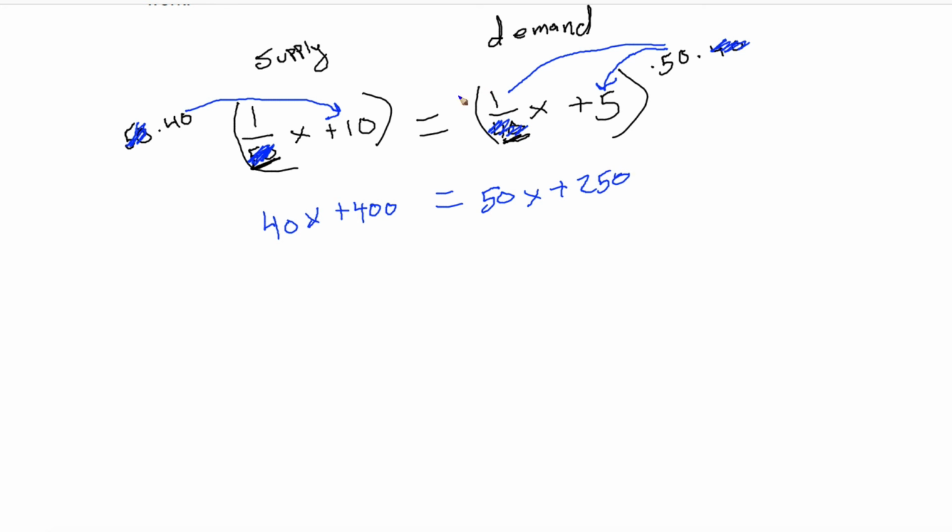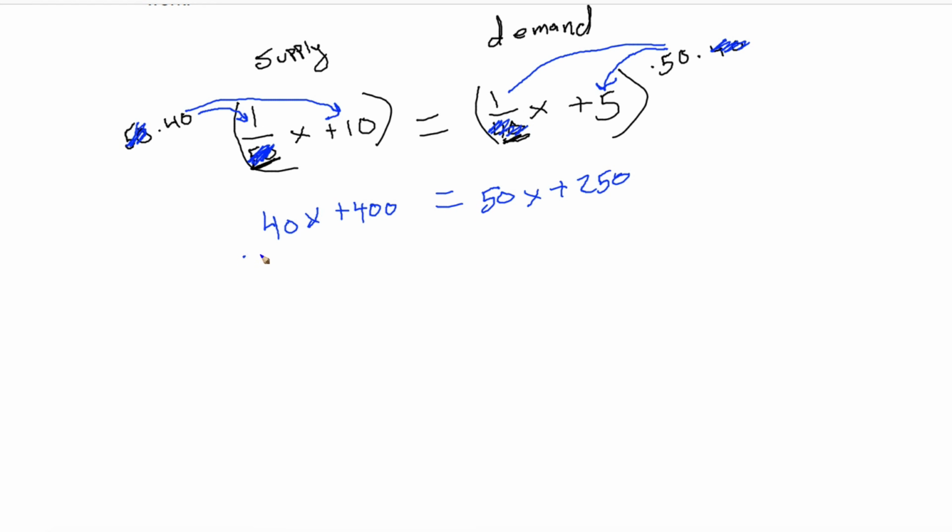So as long as you multiply by both denominators, cross off the one that matches, multiply everything times the other one, you have an equation with no fractions whatsoever, and you just solve for x.